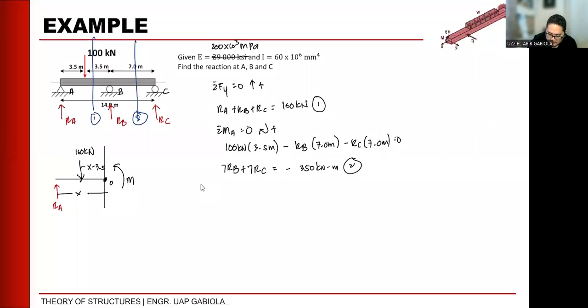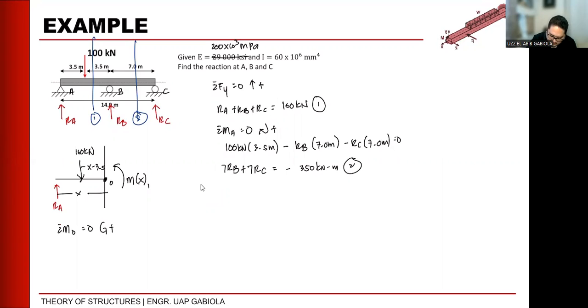Tawagin kong moment in terms of X nung segment 1 natin. Okay? So, get natin yung summation of moment at point O is equals to 0, taking counterclockwise as positive.